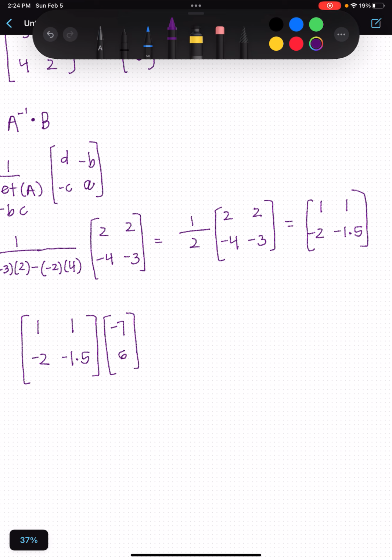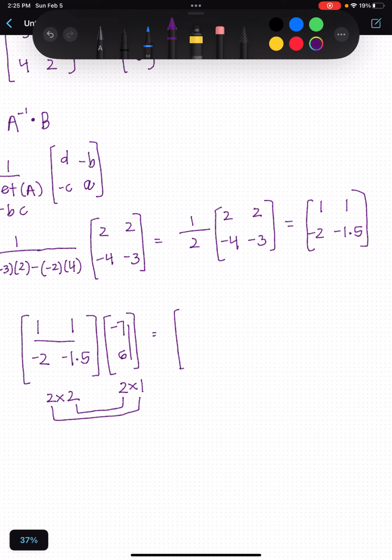All right, so when we multiply matrices, we do this row times this column. Okay, wait, pause. Let's start over. So this is a 2 by 2 matrix. This is a 2 by 1 matrix. In order to be able to multiply, these two numbers have to be the same, which they are, so that's great. And our answer would be the outside two numbers, so our answer is going to be a 2 by 1 matrix.